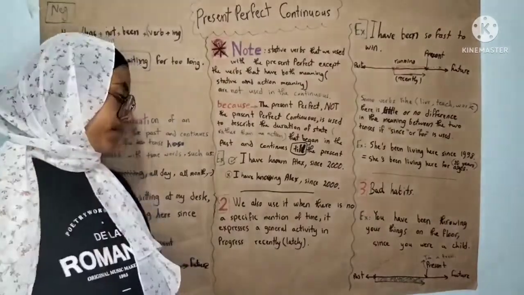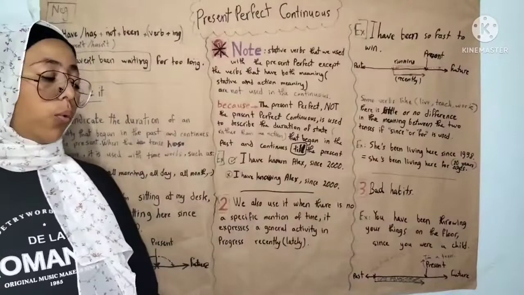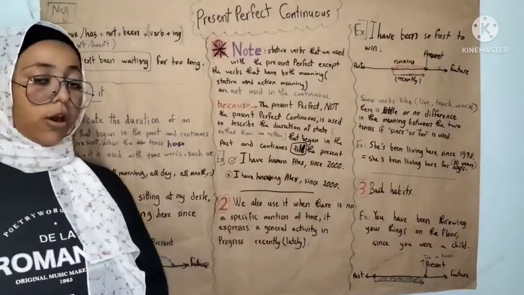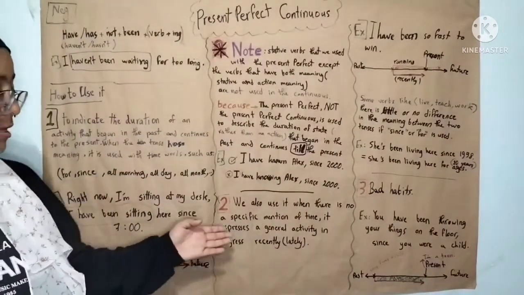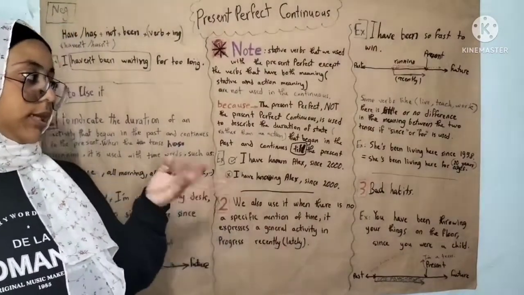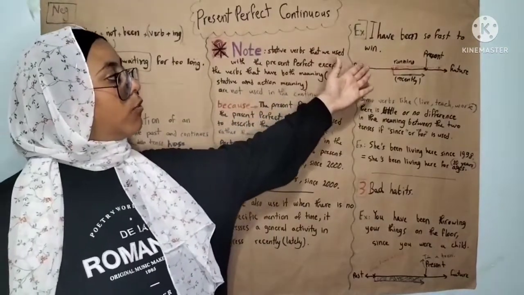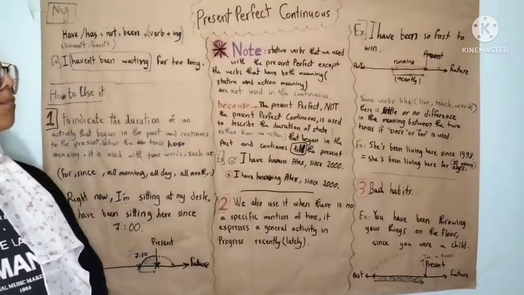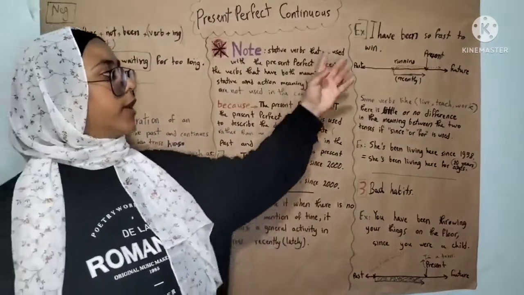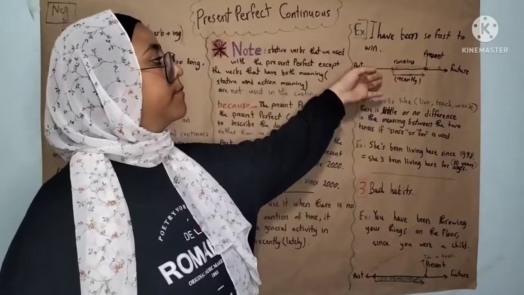Use number 2. We also use it when there is no specific mention of time. It expresses a general activity in progress, recently or lately. For example, I have been running so fast to win. I forgot the verb running here, but I wrote it here.